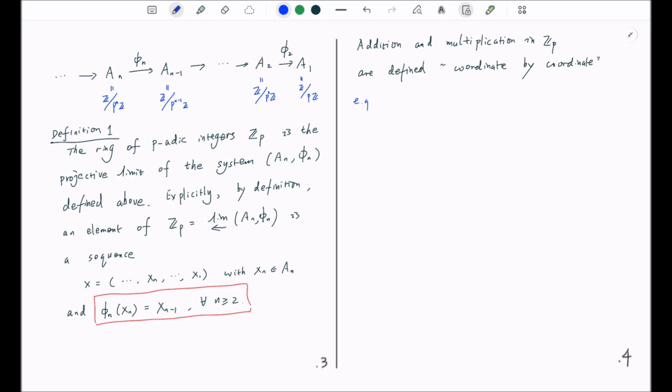For example, if you have two elements in Z_p, then their product has components, the products of the corresponding coordinates, and so is their sum. In other words, you can think of Z_p as a subring of the product of rings, the A_n's. The product of rings is always naturally a ring, and Z_p is considered as the subring of that product ring.